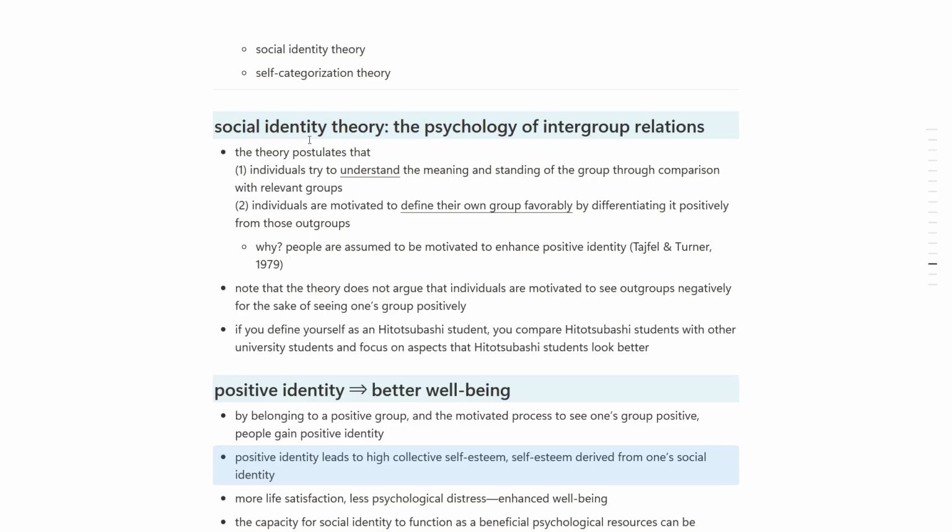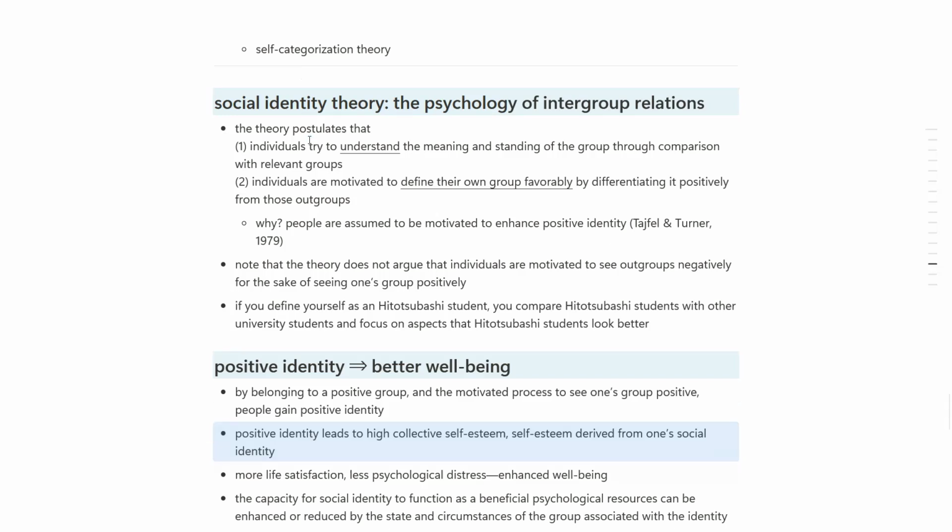Because of that, the higher your collective self-esteem, the more likely you are to have higher personal self-esteem. And this high self-esteem is related to more life satisfaction.